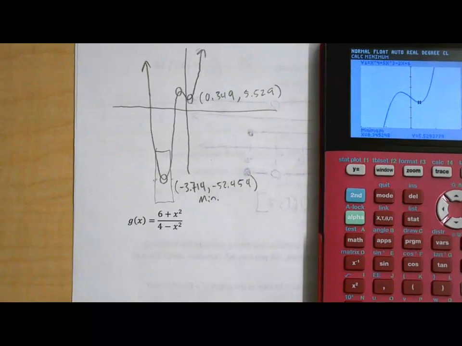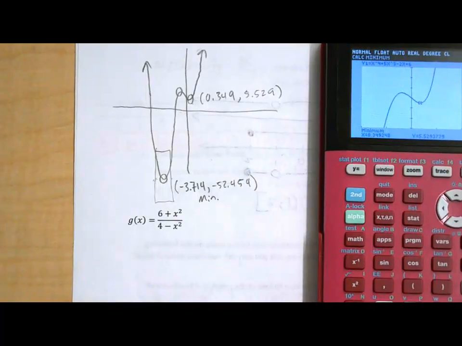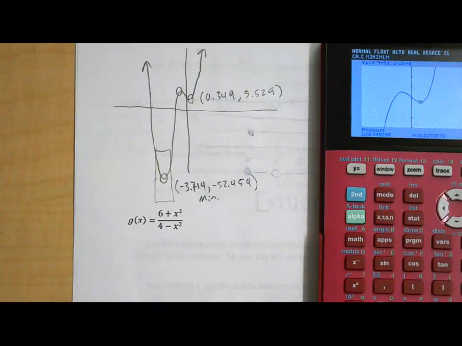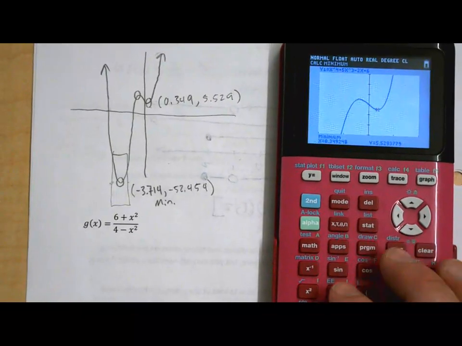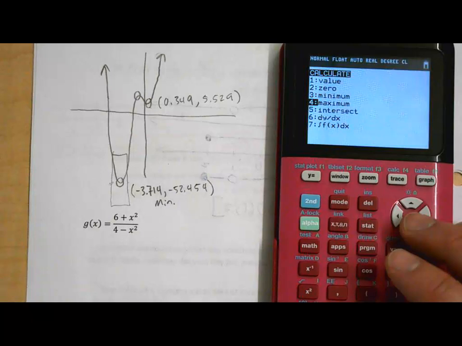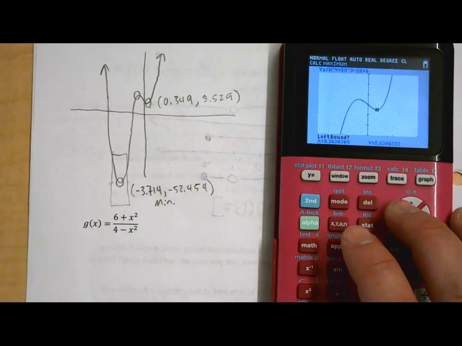All right, we've got a max here as well. To find the max, there's one small change you need to put in that button press sequence. You're still going to do second calc. We're not going to use minimum this time, though. We're going to use option 4, which is maximum. It's still going to ask you the same three questions: left bound, right bound, guess.